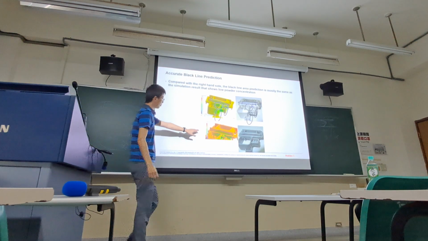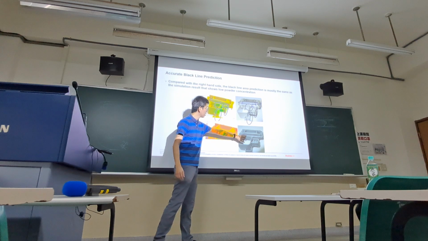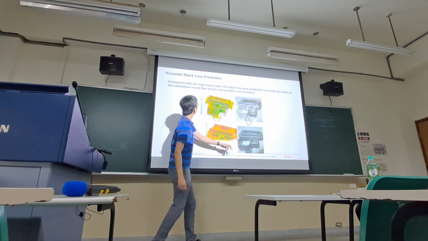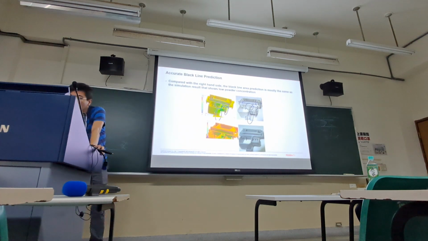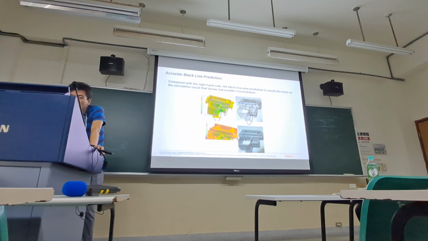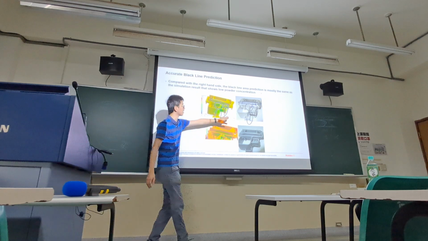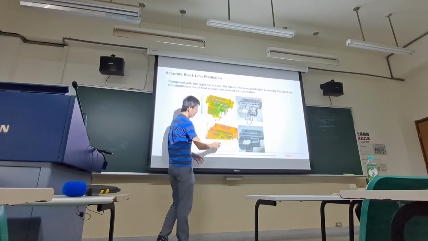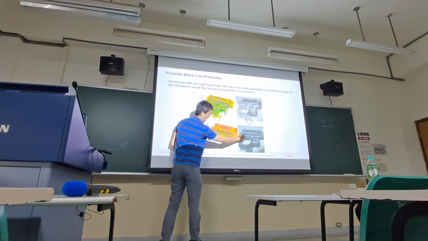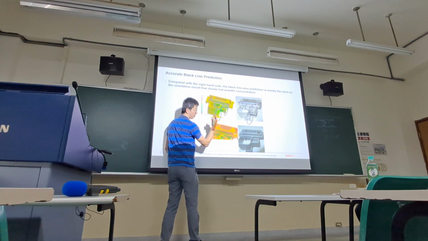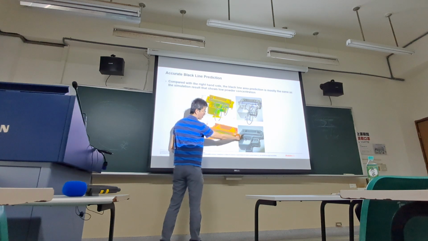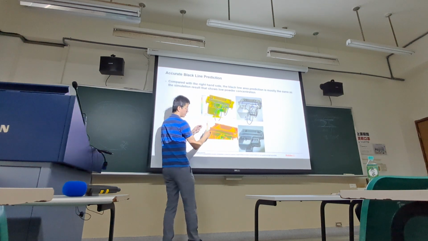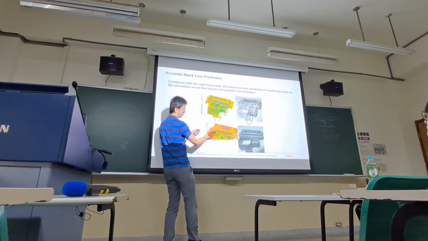See from this, this is the center part. This is the one part. And this black line you can see with your eye. Right? This is the black line. The concentration is not uniform.